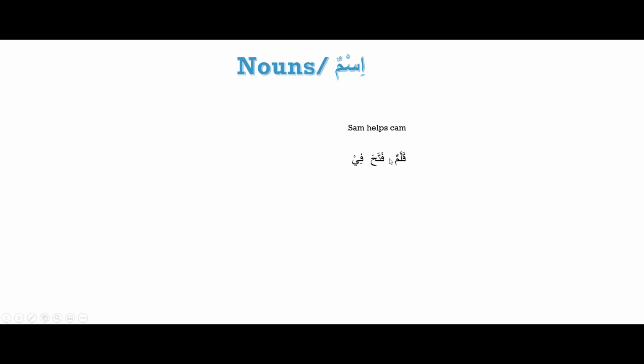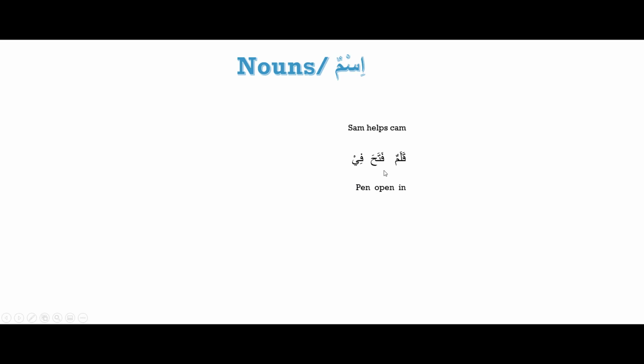But how about this group of words here? How can I know which one out of these three is a noun? So for that, in English, if I write pen, open, in, we can figure out which one is a noun and which is a verb and which is a preposition. But in Arabic, we don't know this.